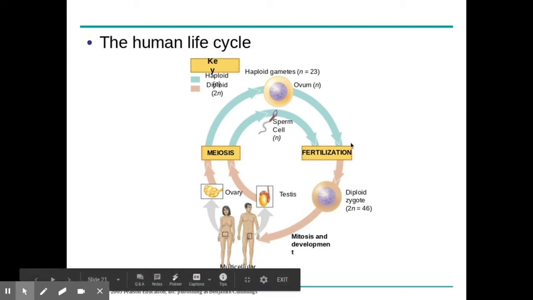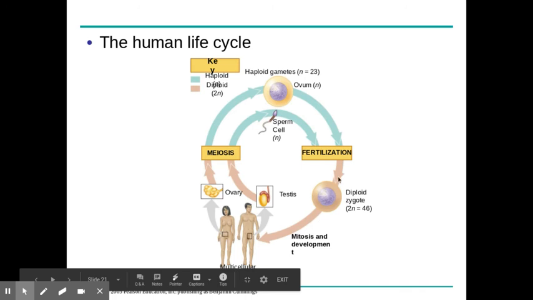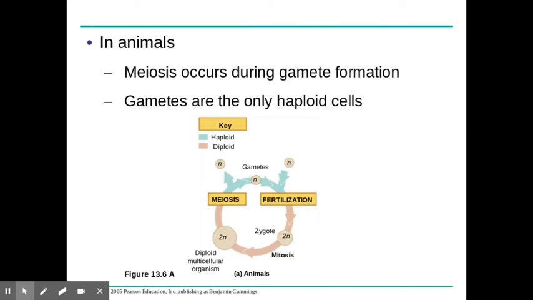So all of the cells in your body are identical unless a mutation happened, but theoretically they are at least identical. The only cells that might be different would be your sperm and egg. So the male and the female would create their sex cells through meiosis, and they would come together through fertilization to reestablish that new organism.